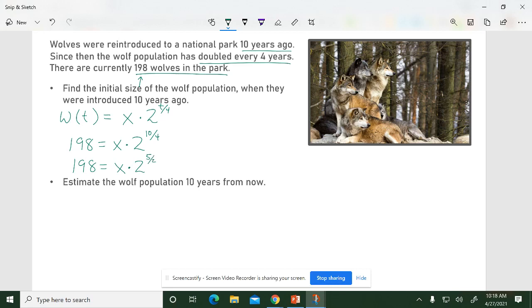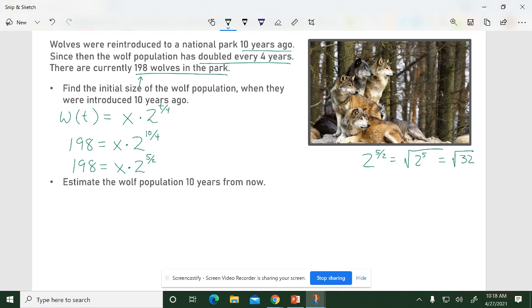I don't know that you necessarily need to do this part. You could make that exponent into a decimal if you wanted to, and then just plug it into a calculator. I like to think about what that actually represents. So, just off to the side, 2 to the 5 over 2 power is going to be the square root, the second root of 2 to the 5th power. 2 to the 5th power is 32, so this is equal to the square root of 32.